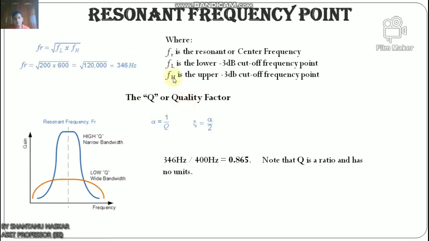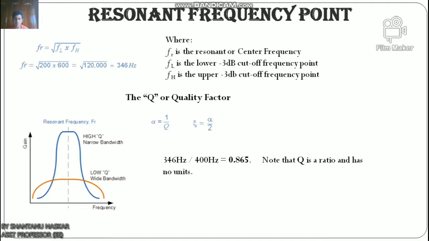Okay, now I will discuss the quality factor or Q factor. In a bandpass filter circuit, the overall width of the pass band between the upper and lower minus 3 decibel corner points of the filter determines the quality factor or Q of the circuit.